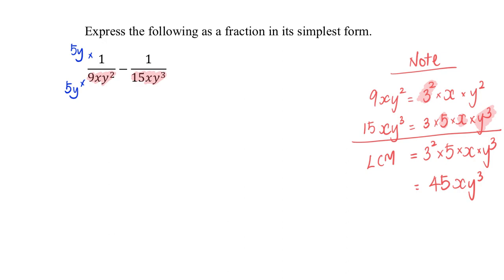I already have my xy cube here. So my job now is to make sure that 15 multiplied by 3 will give me my 45. And so for this, they will be all over 45xy power 3.